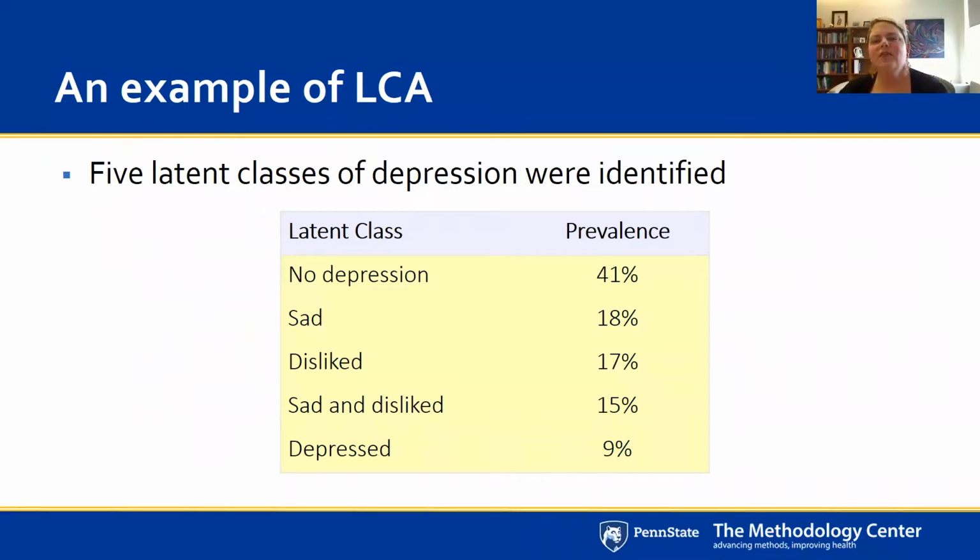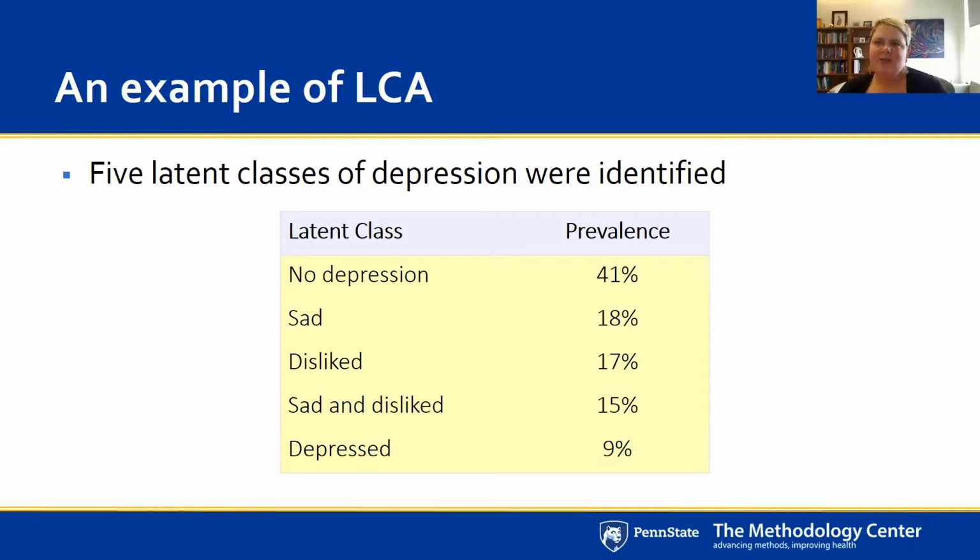So if we go through the process of LCA, which you can either read about or you can watch some of our other videos about, in the depression example, let's say that we identify 5 latent classes. And maybe the 5 classes that we identify are no depression, sadness only, disliked only, sad and disliked together, and depressed.